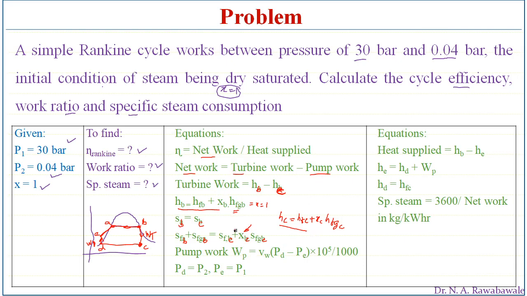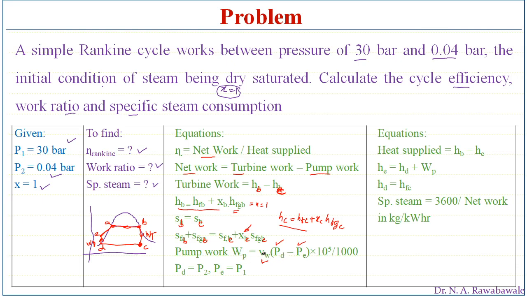Once we know the turbine work, we can find the pump work. Pump work is given by the specific volume VW into PD minus PE, into 10 to the power of 5, divided by 1000, where PD and PE are in bar. Once we know PD and PE, and the specific volume of liquid, everything can be obtained from the steam table, and from this we can find the work done by the pump.